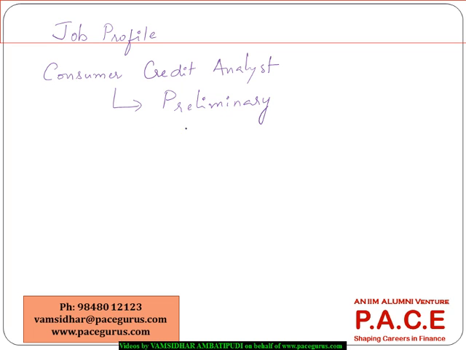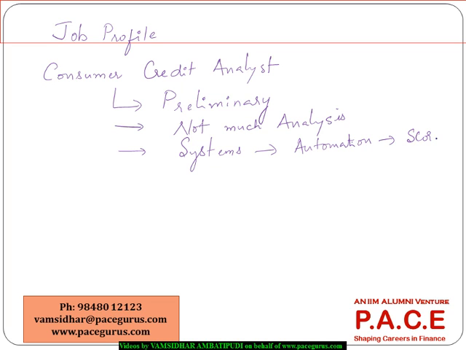It does not have too much analysis, because the amounts involved are not that heavy. Generally what we see is systems are already there for them, with some calculations. So generally there is automation in terms of calculation, which could result in a direct computation of a score, and based on the score a quick assessment of the credit of the person.